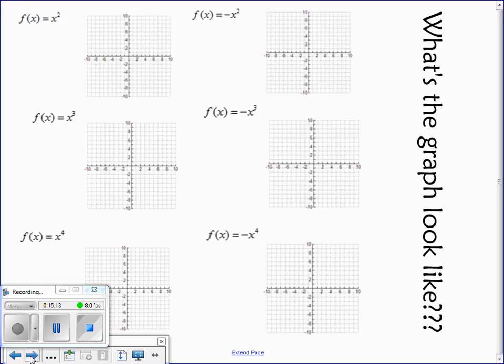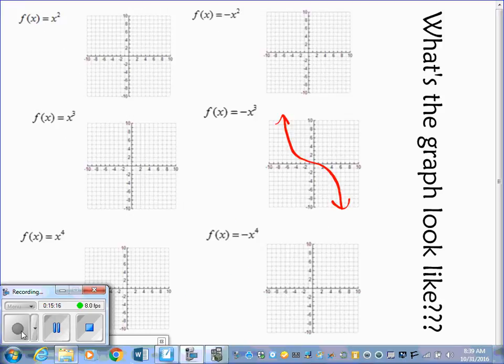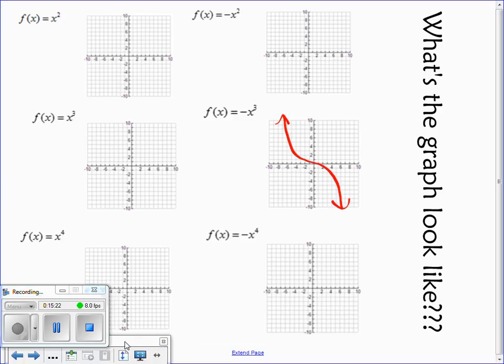All right. So let's go ahead and talk about it. What did x squared look like? You should know the actual name for it. What's it called? The graph of x squared. Parabola. Thank you. Chapter 4 was all quadratics and they graphed as parabolas.